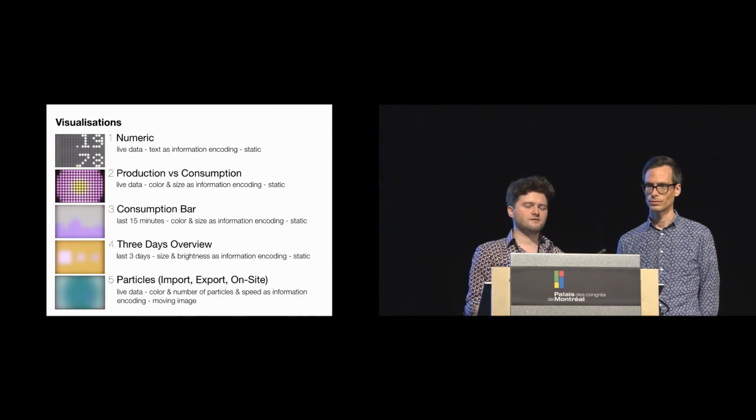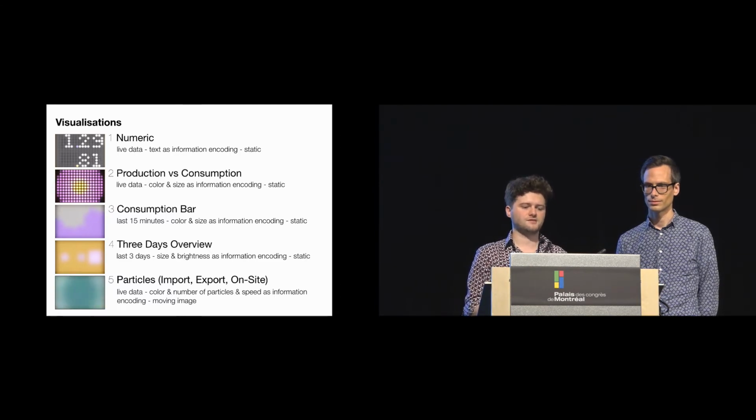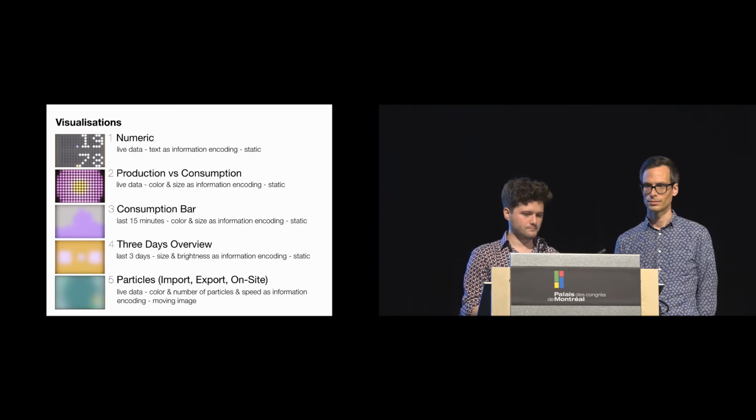We then created 5 distinct visualizations for this display based on the findings from the design workshop. Two were designed for the discrete pixel mode and 3 for the continuous mode. There was one purely text-based visualization, and the others used visual encoding such as color, area, or brightness.